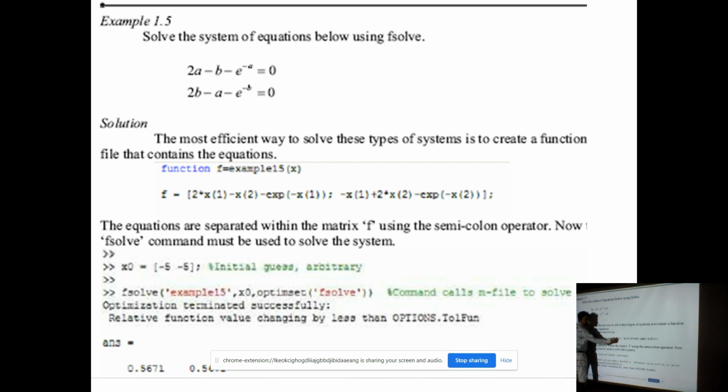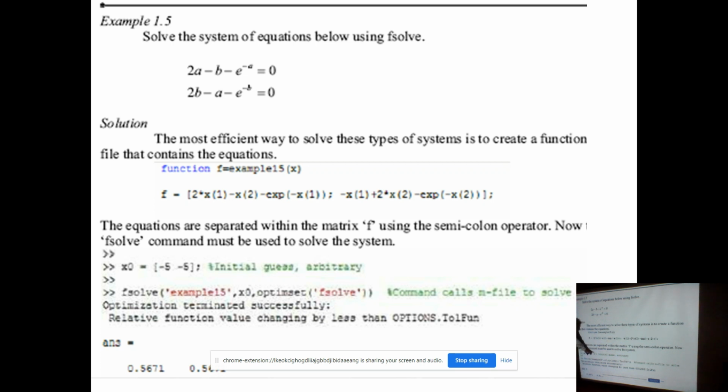So this is my first equation, semicolon. Now the second equation: 2b, 2 into x of 2, minus a, minus x of 1, minus exp of x of 2. So this file will be closed.